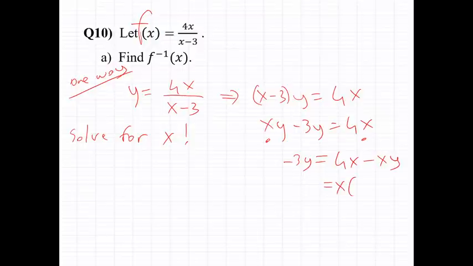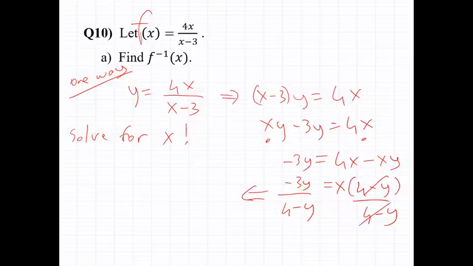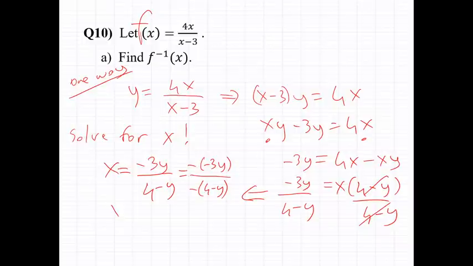The x is a common factor here. Then you divide both sides by 4 minus y, and you end up with x equal to negative 3y over 4 minus y. You can multiply both sides by minus to get rid of this minus, so you end up with x equal to 3y over y minus 4.